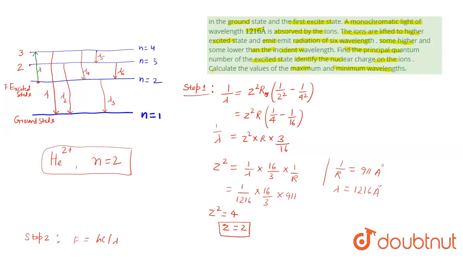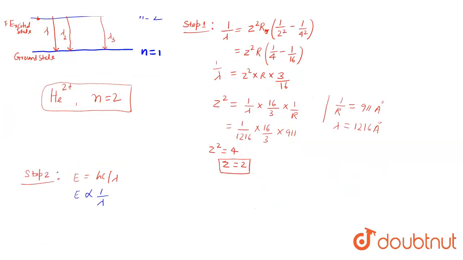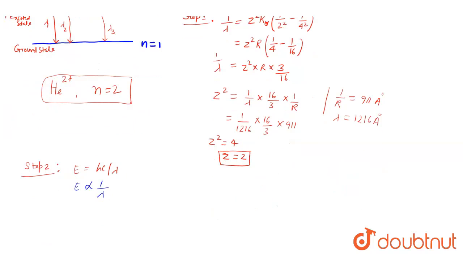That means the highest amount of energy is required to transition from this state to this state. That means the wavelength corresponding to this transition is minimum. So this lambda 1 can be written as lambda minimum.